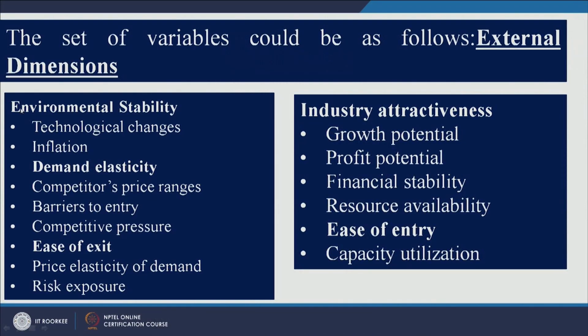These are a couple of things you should look at under this dimension, environmental stability. Another is how easy it is to exit from that particular business. Sometimes you get into a business, but it is very difficult to come out of it because of several norms, regulations and rules.